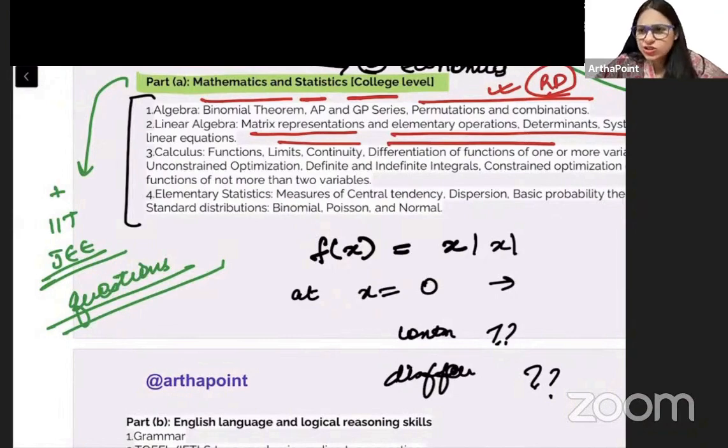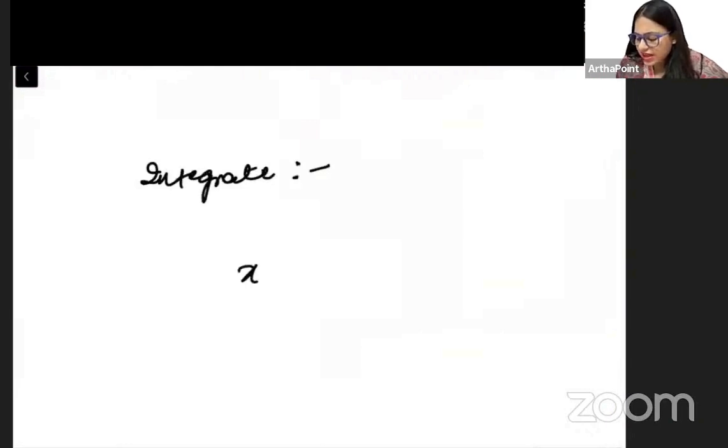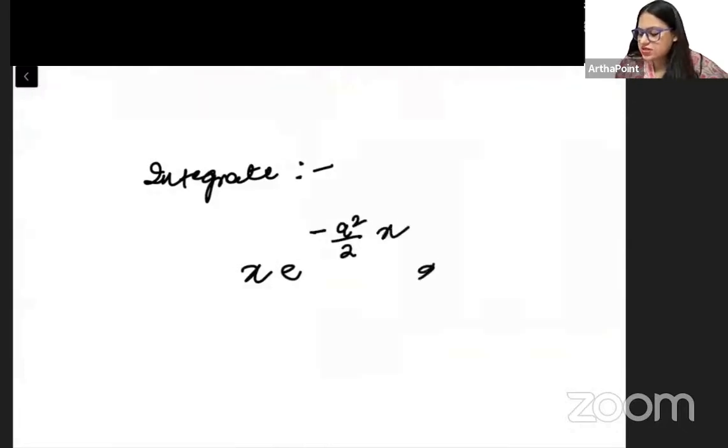Then integration. Again, not very difficult, beta, but in integration you have to have a thorough hold. Just for example, if I give you: integrate x e to the power minus a square by 2x dx over minus infinity to infinity, something like this.